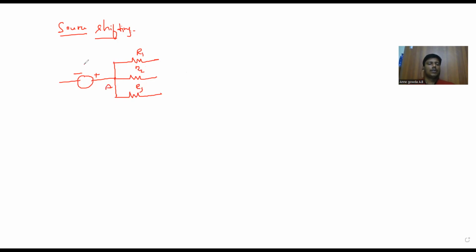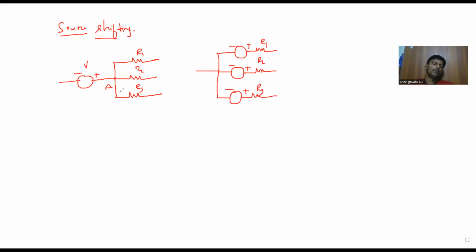In this scenario, the voltage source V can be pushed towards the node A such that I can apply voltage to current source transformation. So we have converted it through the process of source shifting.